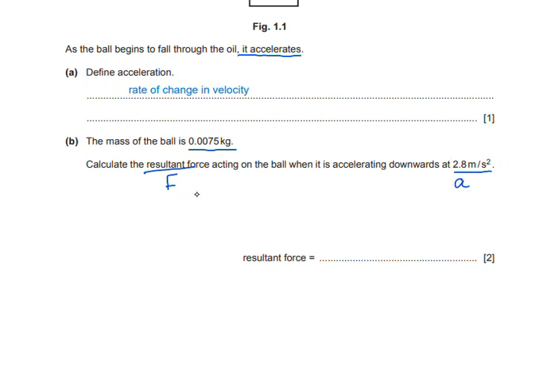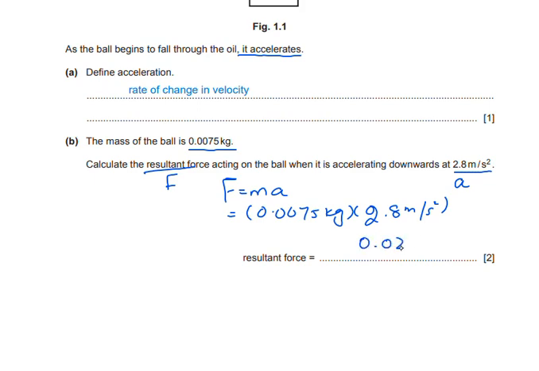We have to find out the resultant force, and we know that F is equal to ma. Just substitute the values and you will get the required answer. So on calculating, we'll get 0.021 Newton.